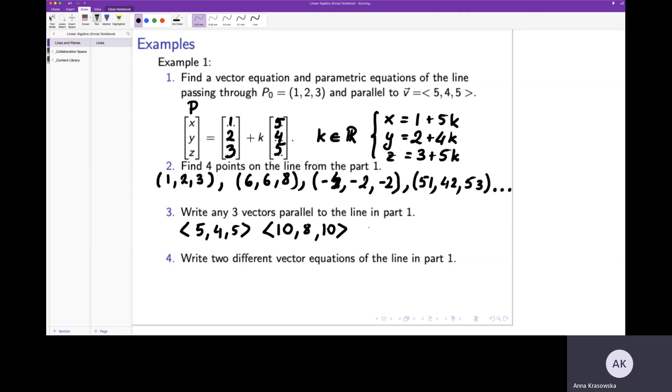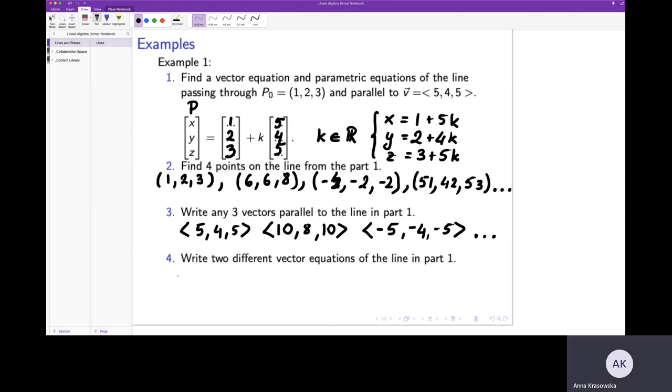So it also will be parallel. Also vector (-5, -4, -5) will be parallel to that line. That's the vector just in the opposite direction, but it will also be parallel. So of course you can write more parallel vectors.